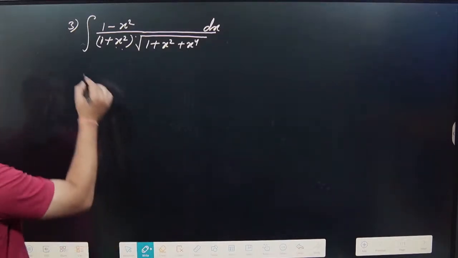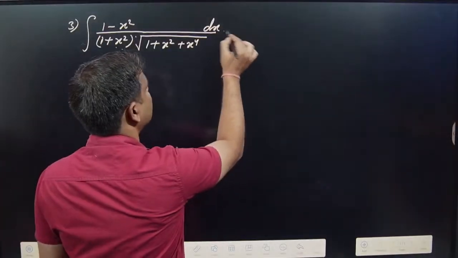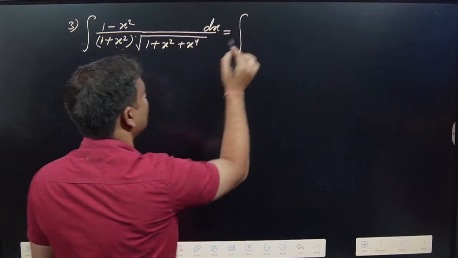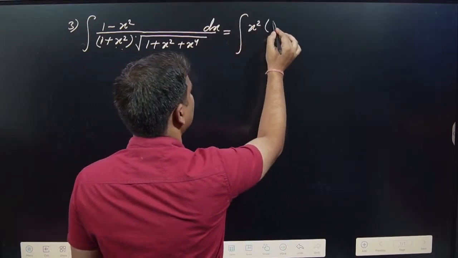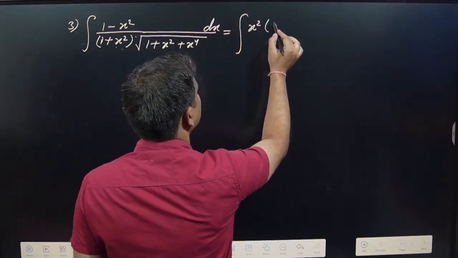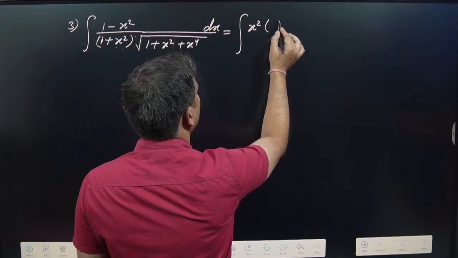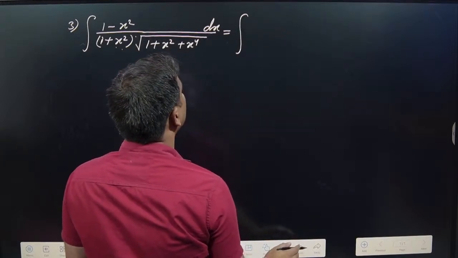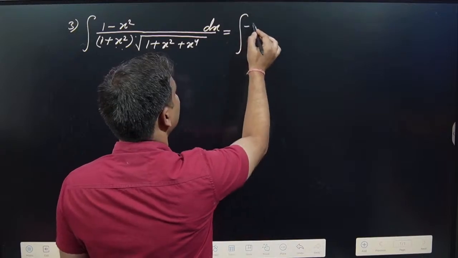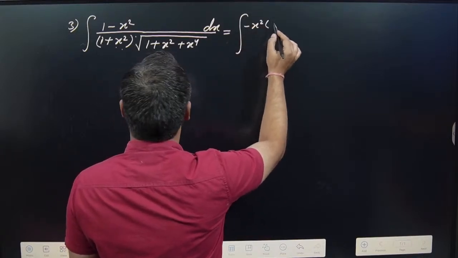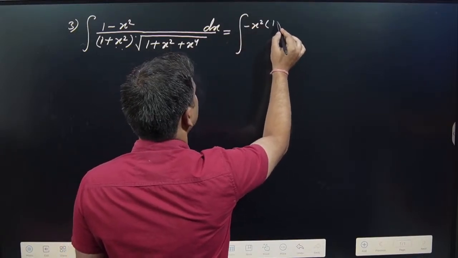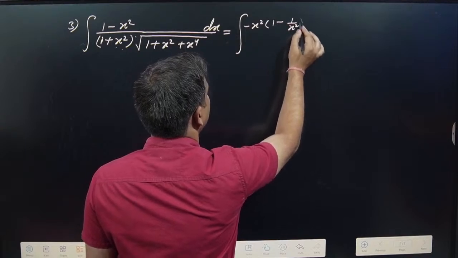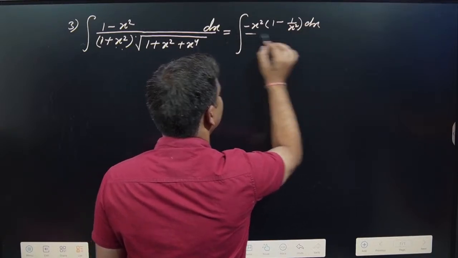Look here. If x square is common, then this is written as 1 by x square basically. If minus 1 by minus x square is common, then this is written as (1 minus 1 by x square) dx.